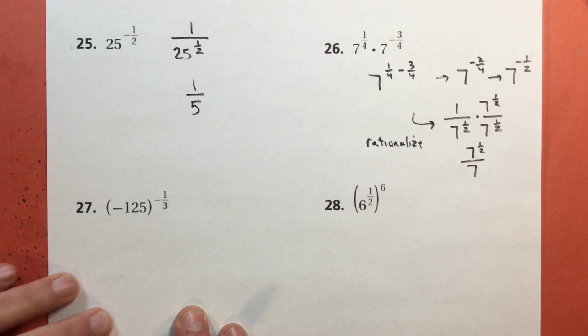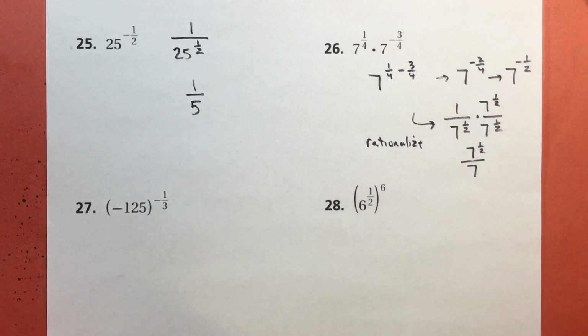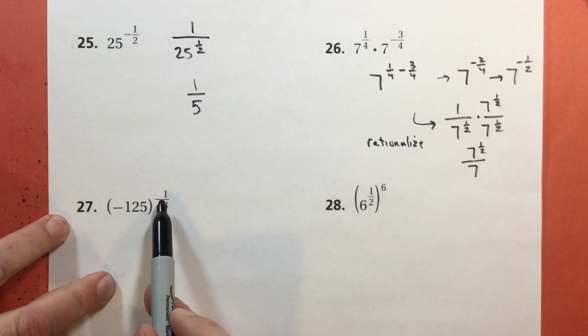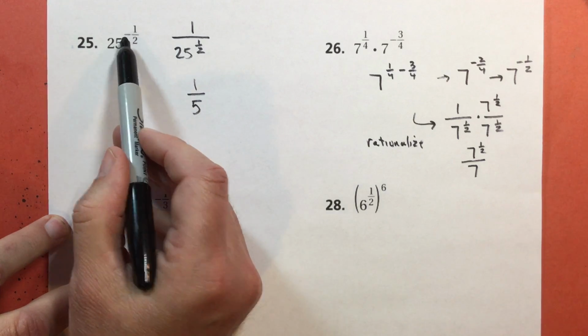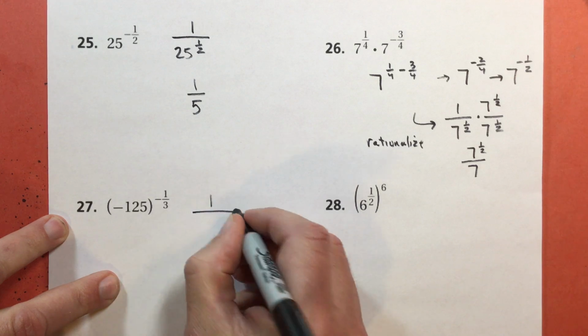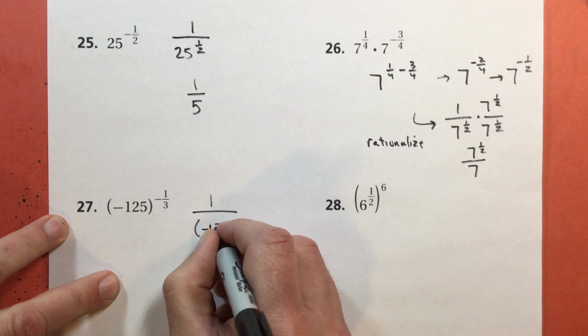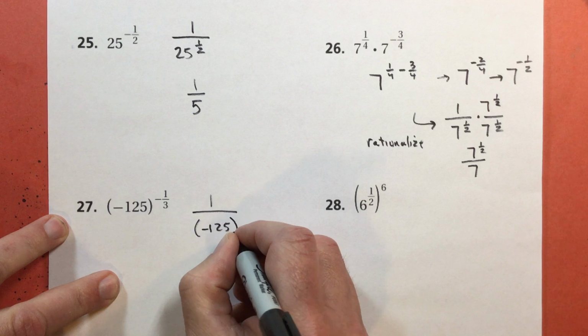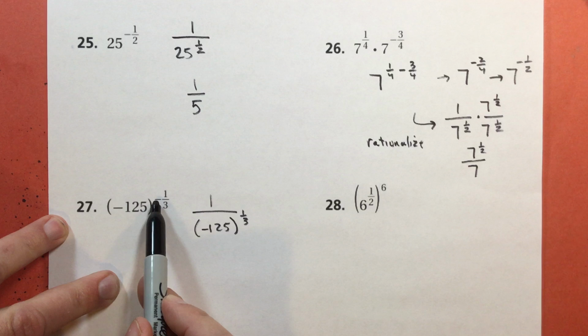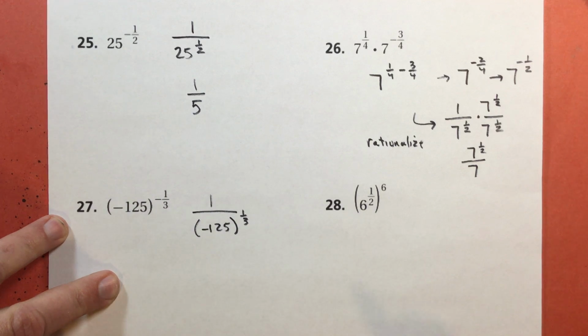Number 27, just double checking, make sure I'm doing the right problems here. All right, the first thing I notice is that I have a negative exponent, just like those before. So this is going to be 1 over negative 125, in parentheses, to the 1/3 power. That's the first thing. So the negative gets taken care of by writing it as a reciprocal.